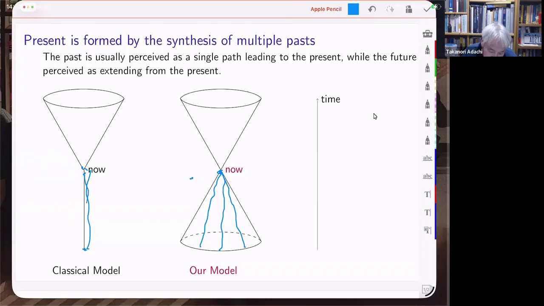This is our observation right now. In one sentence, I think this single-path past is just an illusion, and the reality is like this. So based on this image and intuition, I am making today's talk.